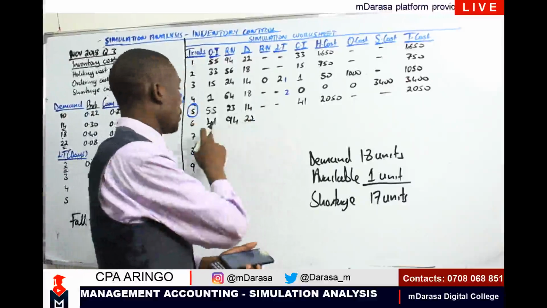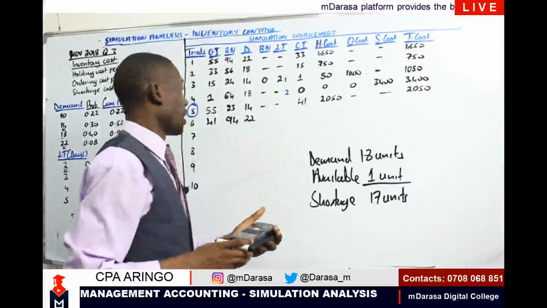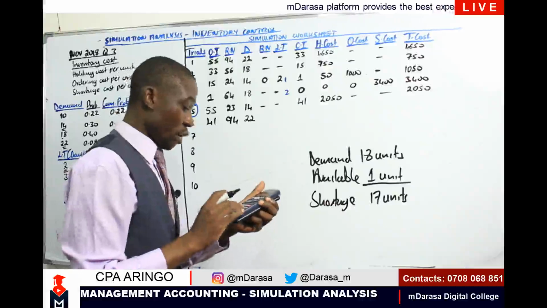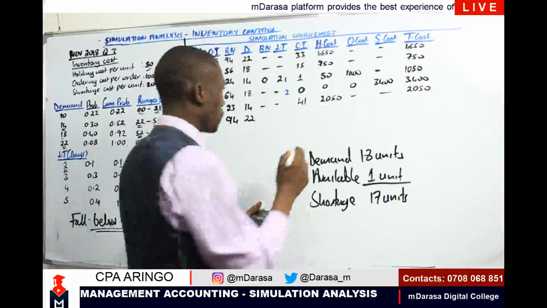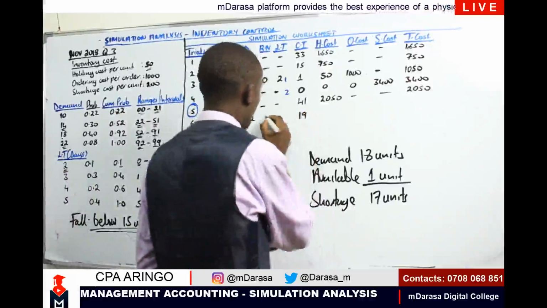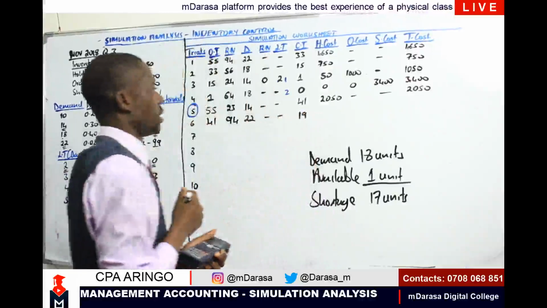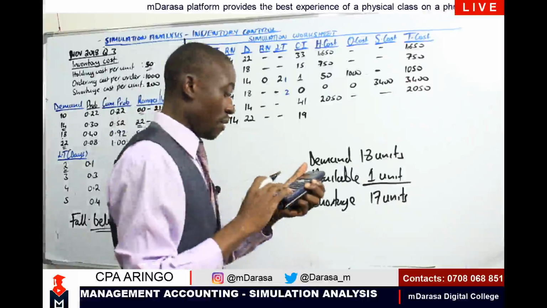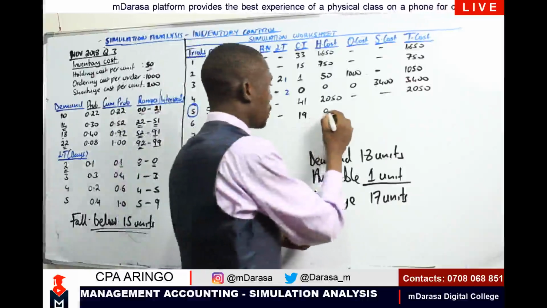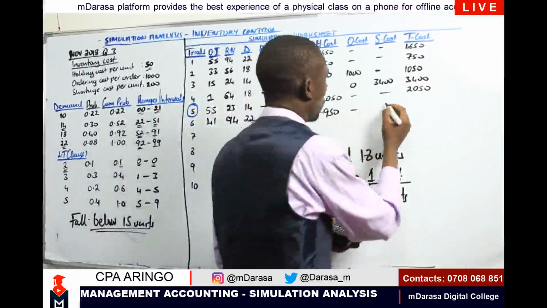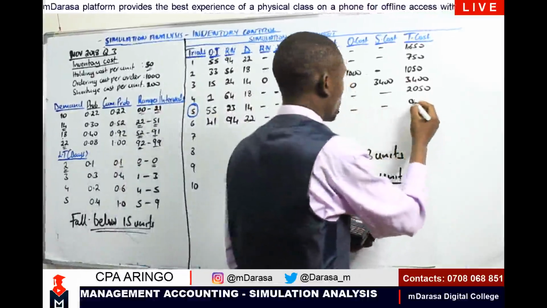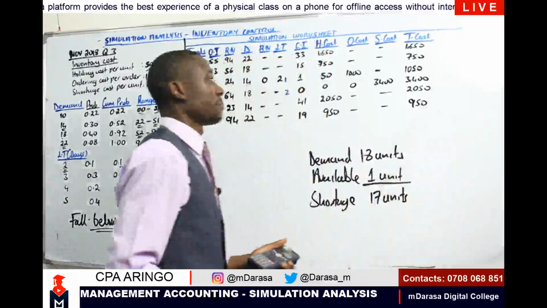And we had inventory in store, we had 41 units. So 41 minus 22 will leave me with 19 units. So I will not fall below 15. So therefore, by 50, holding cost to give us 950, I don't have ordering, I don't have shortage. My total cost I should be having 950.